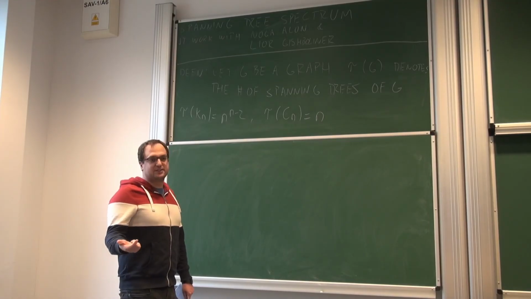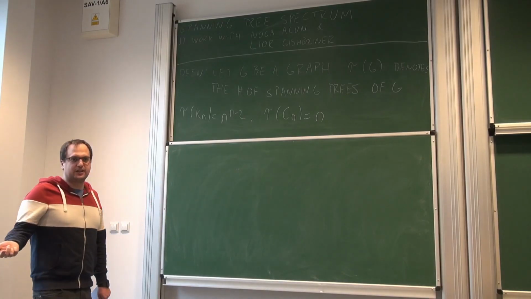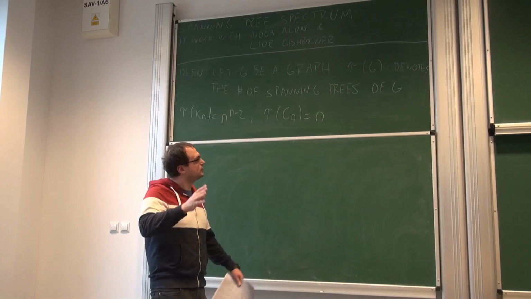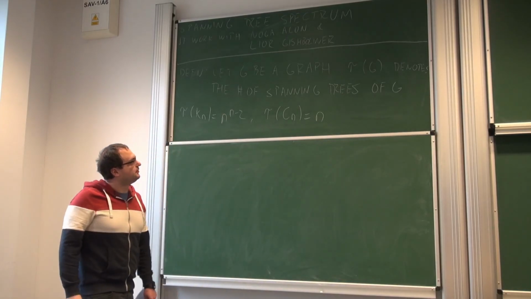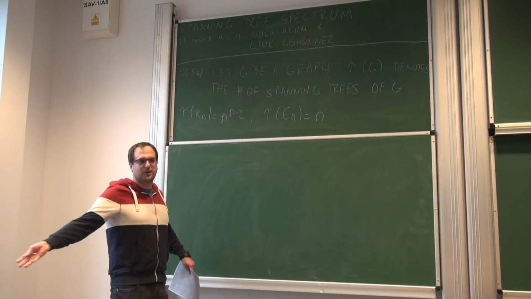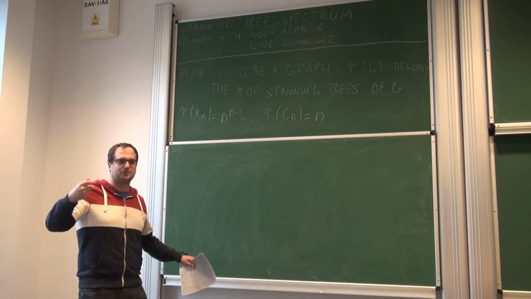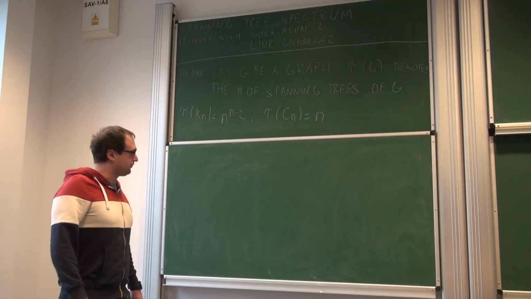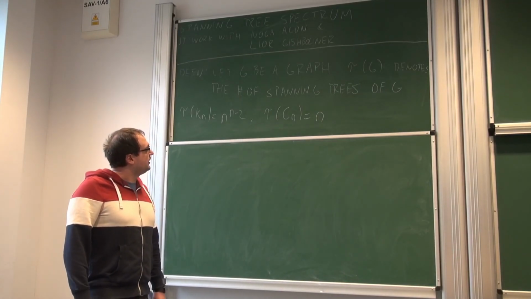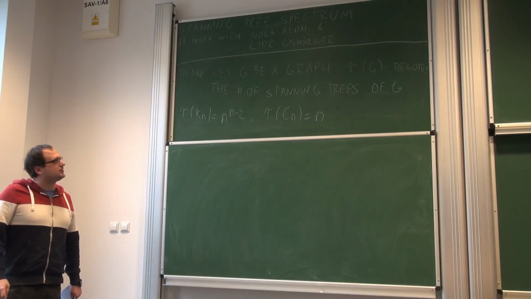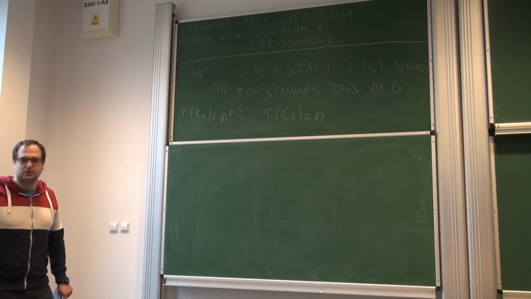Because it's a determinant of a matrix, you can compute it quickly, so this function is not so difficult computationally, and you would maybe expect it to be very well understood, because parameters which are easy to compute tend to be easier to understand. Yet there are some very basic questions about this that we have absolutely no idea about.